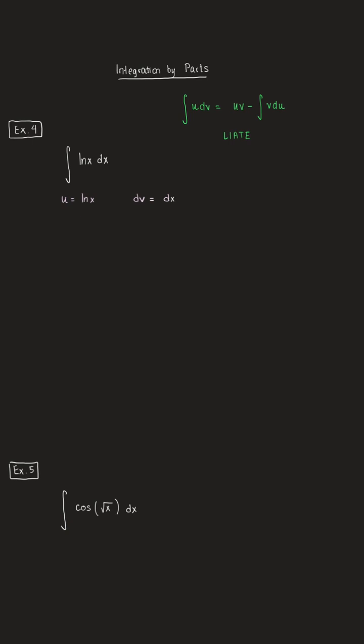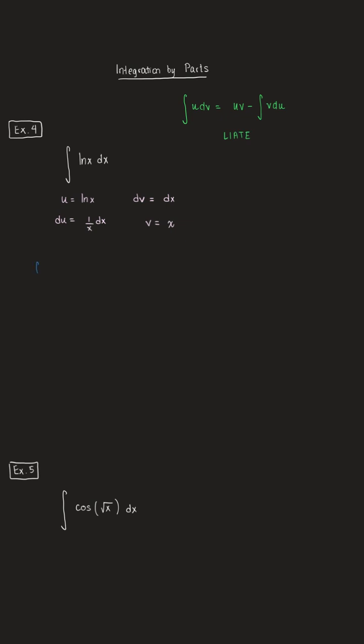So getting our other two parts, the differential du will be the derivative of the natural log times dx. So that's 1 over x dx. And v is going to be the antiderivative of 1, which will just be x, since the derivative of x is 1. Okay, now we can write our integration by parts.